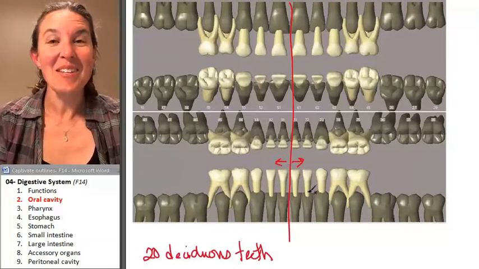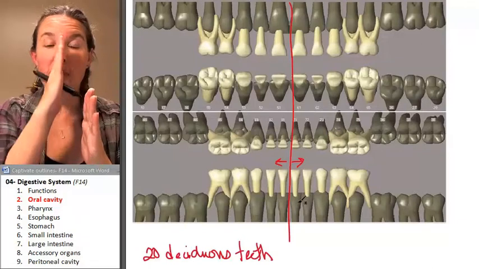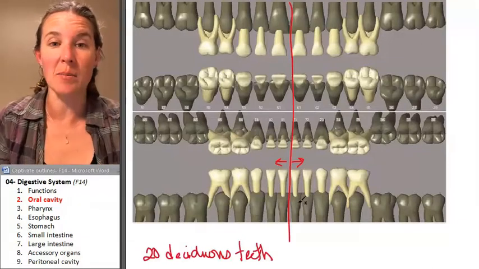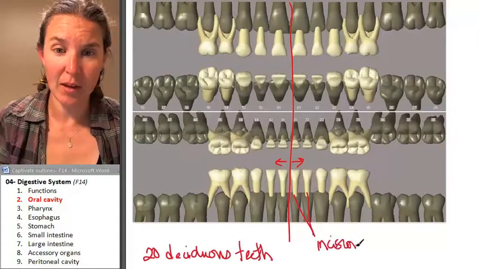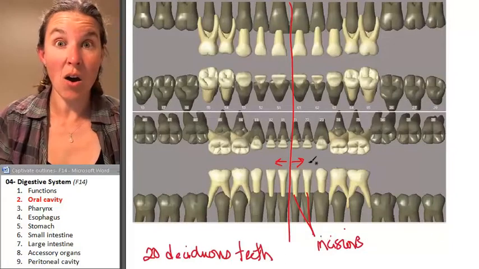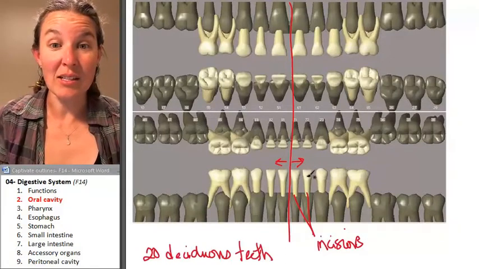Okay, so we have two incisors lining the medial aspect of your teeth. These guys right here are your incisors. Incisors are for chopping. This is the medial incisor. This is a lateral incisor.